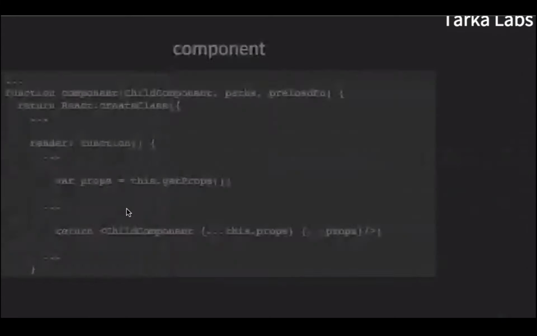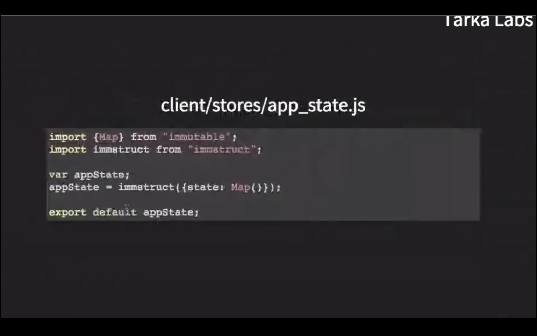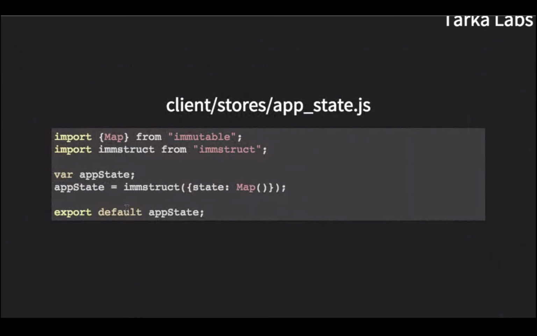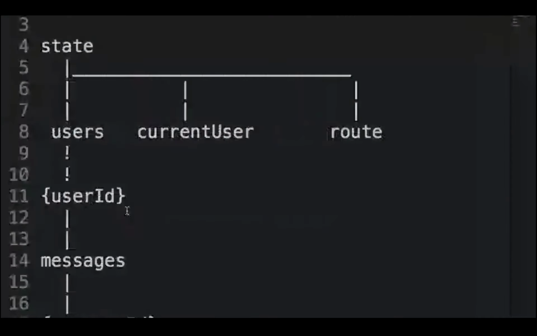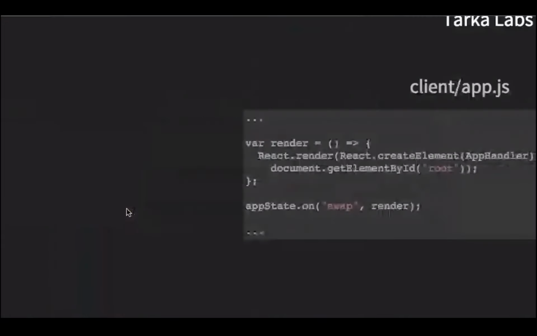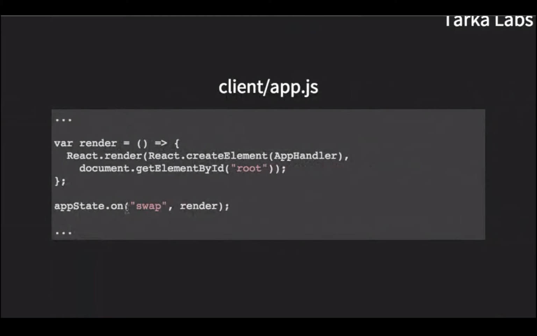We export one global app state, which maintains the entire state hierarchy, and if this state changes, we re-render the whole app. If the app state has any change, any swap on it, it runs the global render method again.